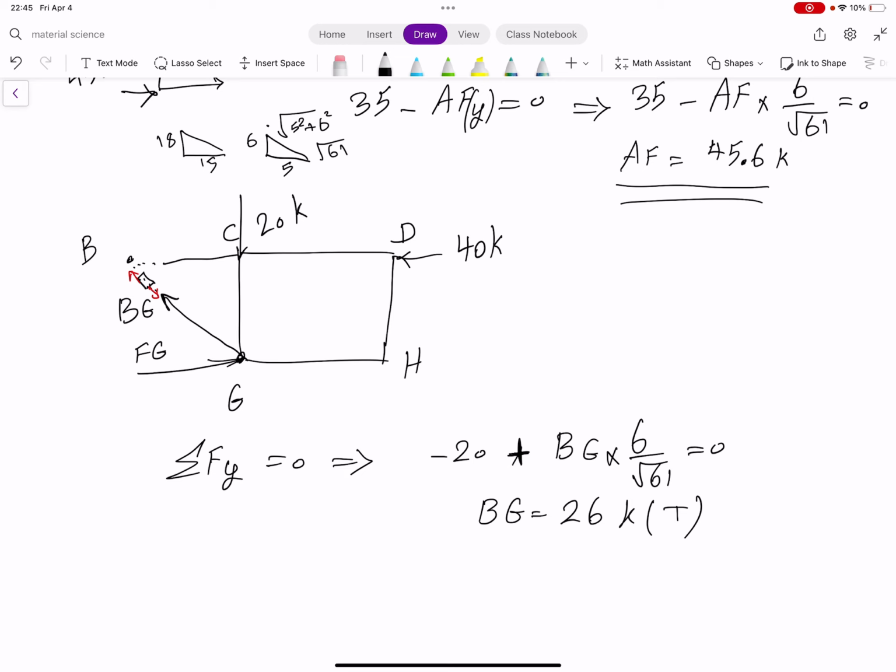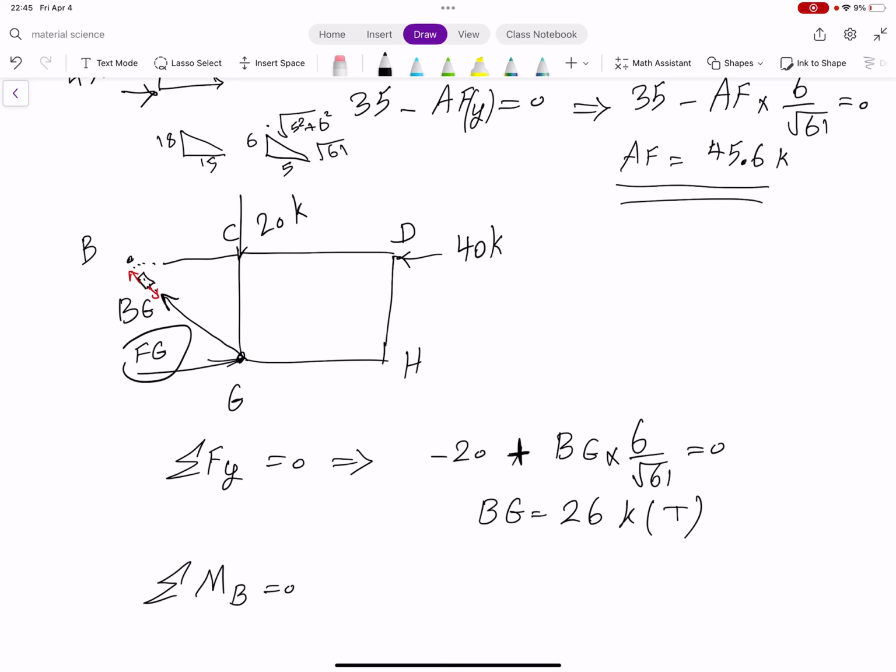I need to find FG. If I use summation of Fx, I have this unknown, and BC is also unknown, so it's not gonna help me find FG. Because I have two unknowns, I can use summation of M about B. Then BG is gonna go through it, B has no effect, BC also has no effect. Only FG is gonna have an effect, right?